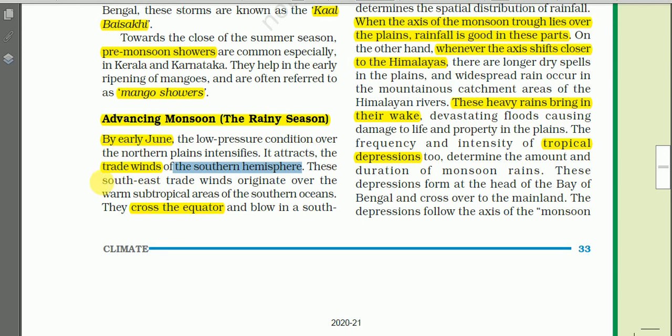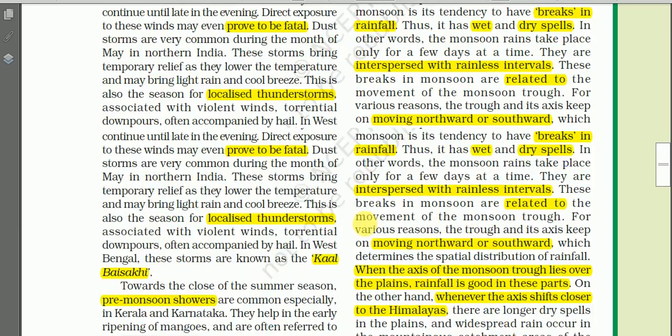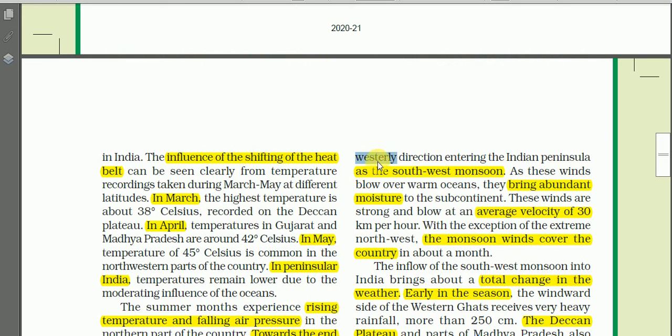These southeast trade winds originate over the warm tropical areas of the southern oceans. They cross the equator and blow in a southwesterly direction, entering the Indian Peninsula as the southwest monsoon.